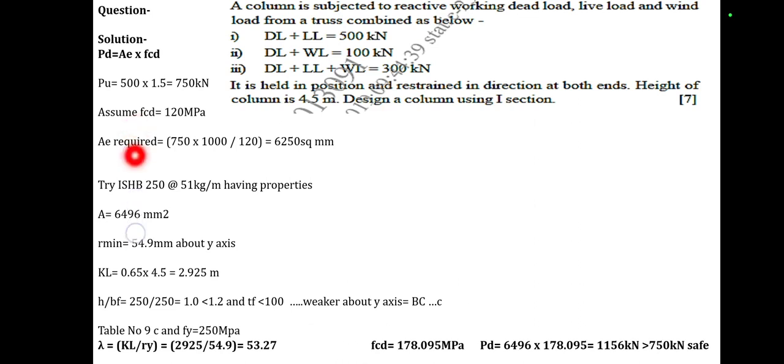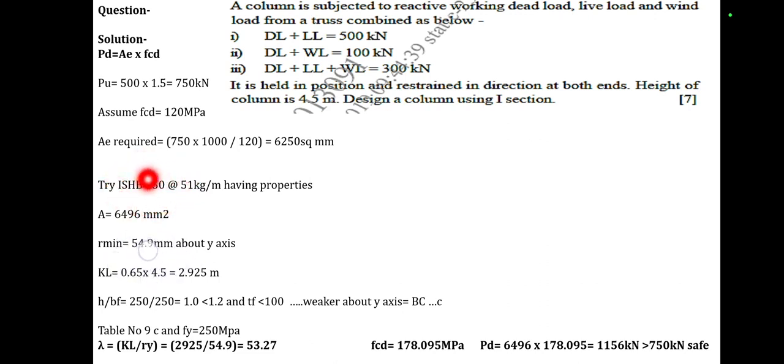Then dear students, we have to assume, or we have to try ISHB 250 about 51 kg per meter as a trial section for this loading. Now there must be a question in your mind, how have I selected this section.